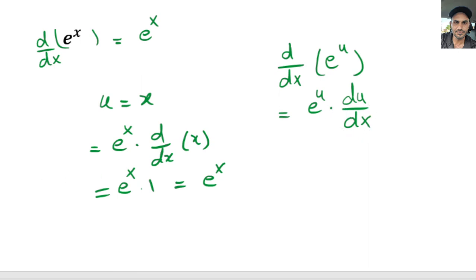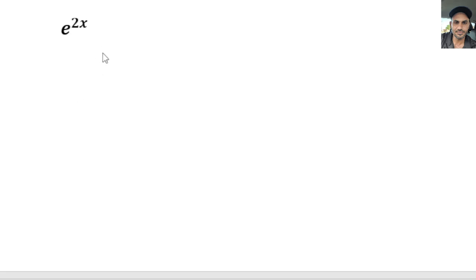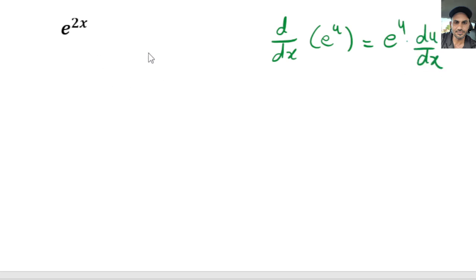So let's go ahead and do this one. Here we are going to apply the same formula. The derivative d over dx of e to the u is going to be e to the u times du over dx. Okay, now here u is equal to 2x, so we can go ahead and plug this in.